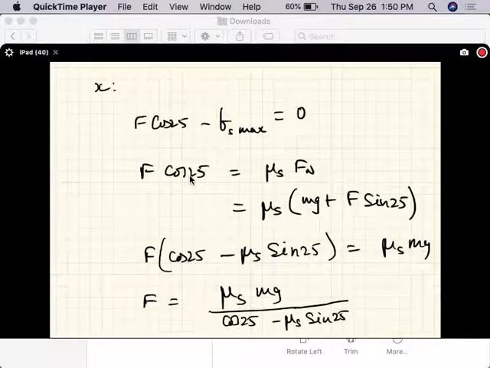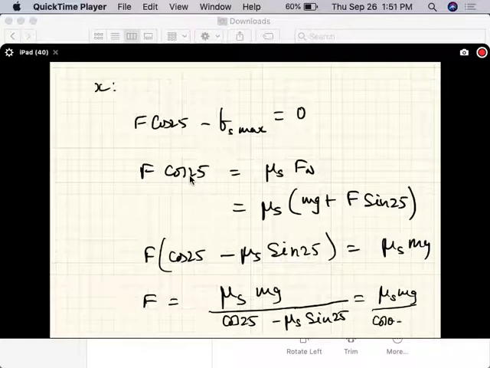Okay. And you can see that from there, as theta gets larger, cosine of theta gets smaller. Okay, let me write it like so: mu s times mg divided by cosine theta minus mu s sine theta. And as theta increases, this is getting smaller, this is getting bigger, this is getting to be negative, and you won't be able to push the block.